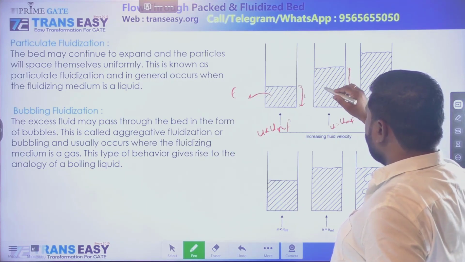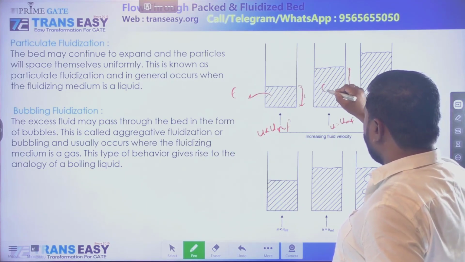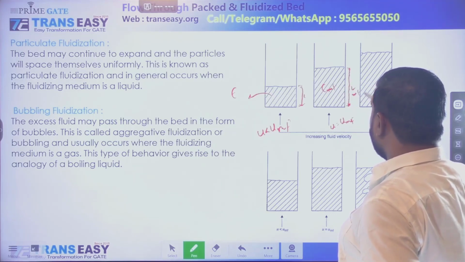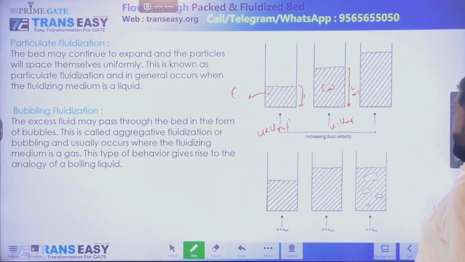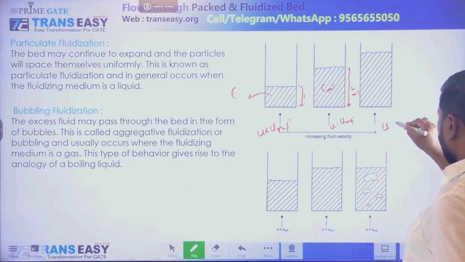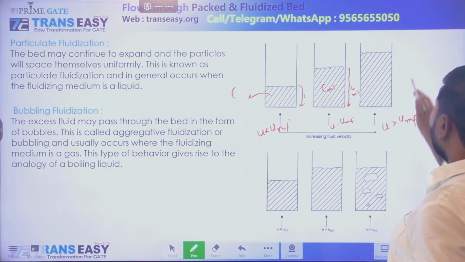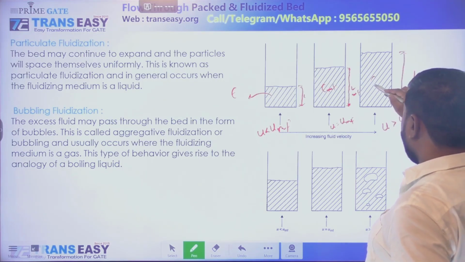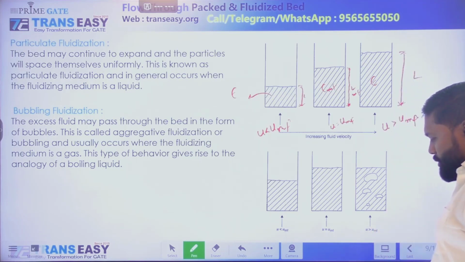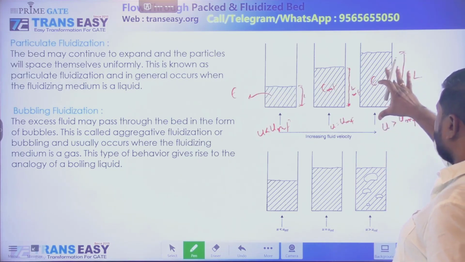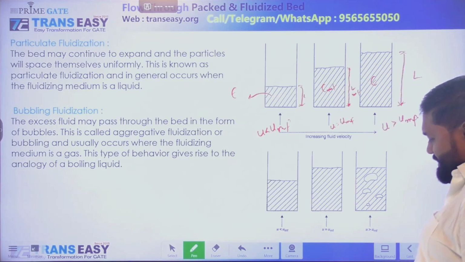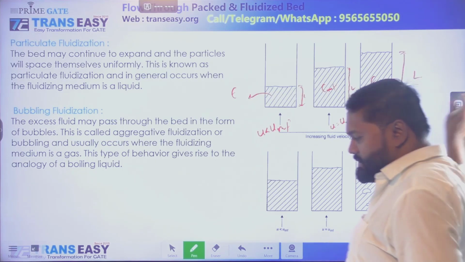Its porosity changes and it is called minimum fluidizing porosity, and this is called minimum fluidizing height of the bed, right? Increase the velocity of flow through the packed bed beyond this minimum fluidizing velocity, further height of the bed increases to this value and another porosity, right? So here there is no bubble formation. This is called particulate fluidization, and this actually happens if fluidizing medium is fluid.